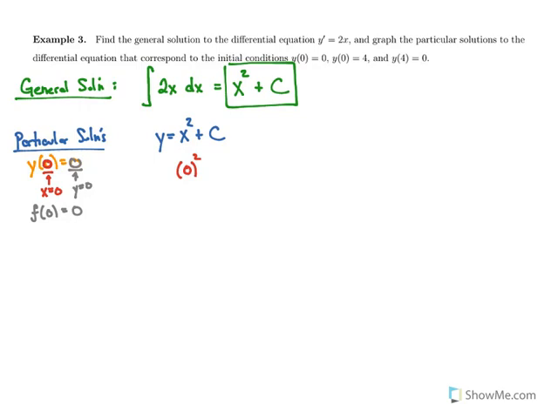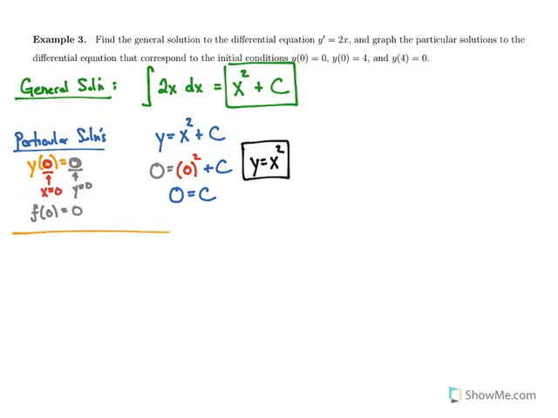We have y is equal to 0, so we're going to have that 0 on the other side. And then we have our plus c. And this is just going to give us that c is equal to 0. So our particular solution is y is equal to x squared plus 0. Y is equal to x squared.